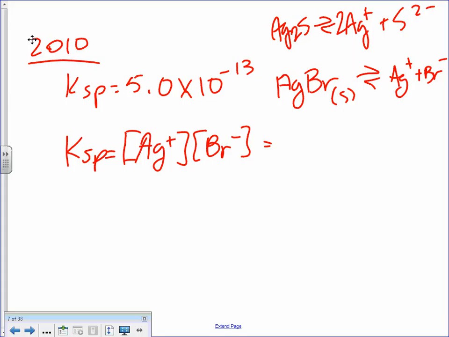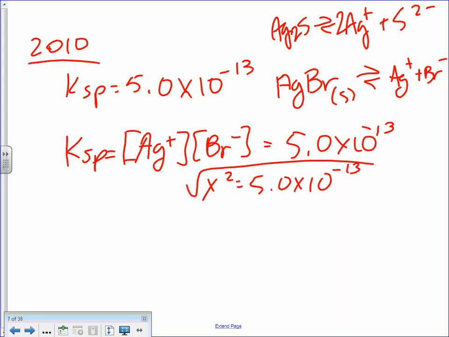Calculate the value of silver in 50 milliliters of a saturated sample. How would you guys do that? Give me a quick setup. This is again 5 times 10 to the negative 13. Okay, so this would be x squared because these are made in a 1-to-1 ratio. Okay, and then what?